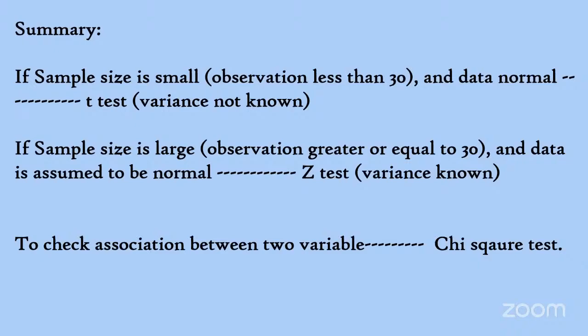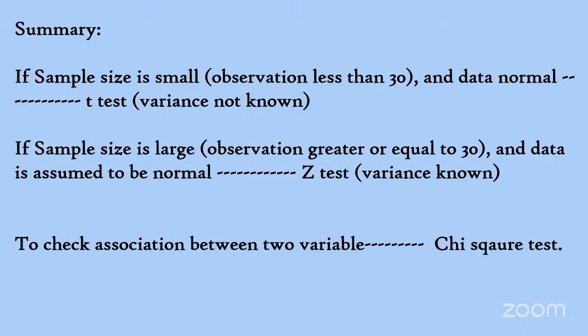This is the overall summary about t-test and z-test. Many have confusion about t and z. Few know one rule: small sample and large sample. If it is a small sample, we go for t-test, and if it is a large sample, we go for z-test.